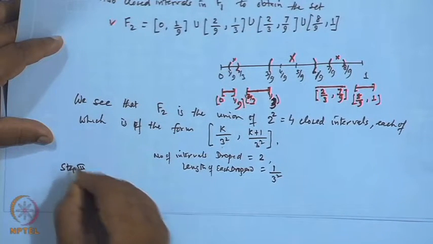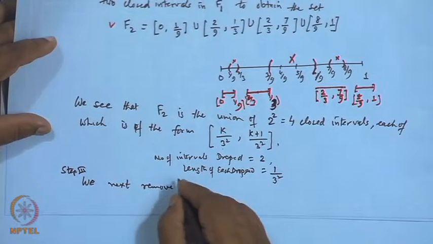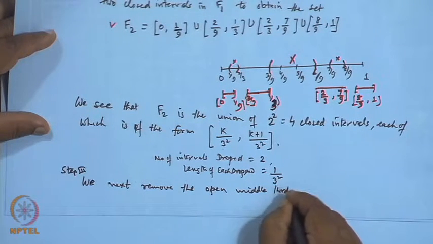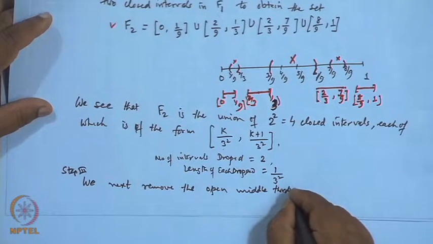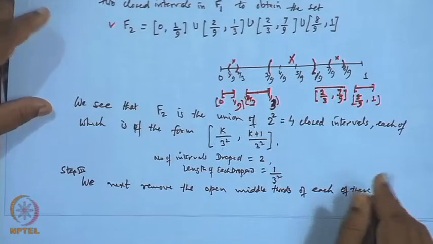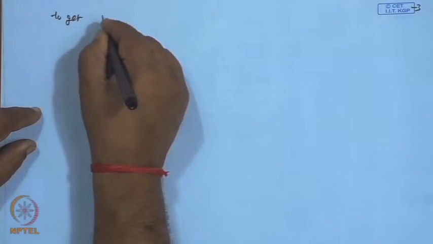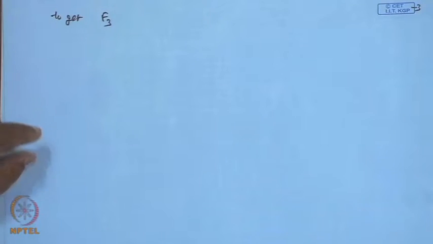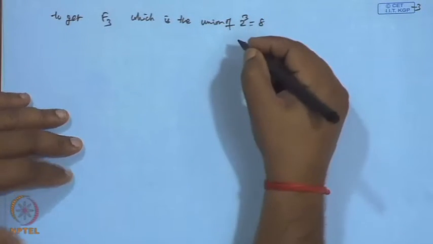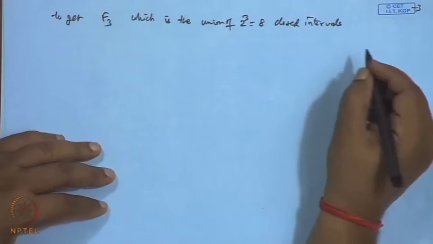Step third, we next remove the open middle thirds of each of these sets to get F3, which is the union of 2 to the power 3, that is 8 closed intervals. And like this, we continue this way.